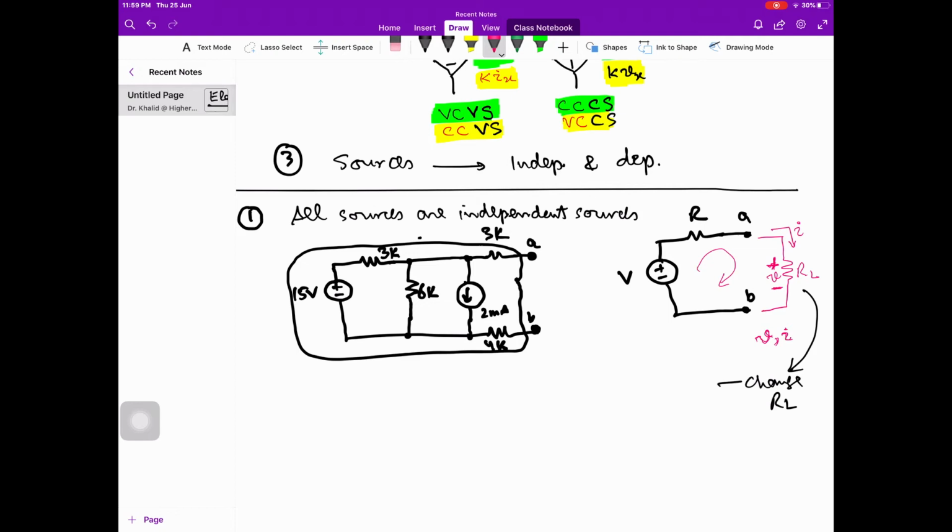If we change it, finding the voltage and current will be a simple task.